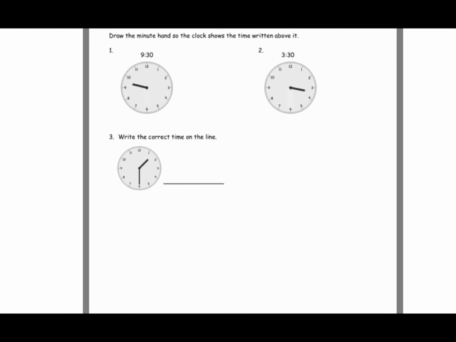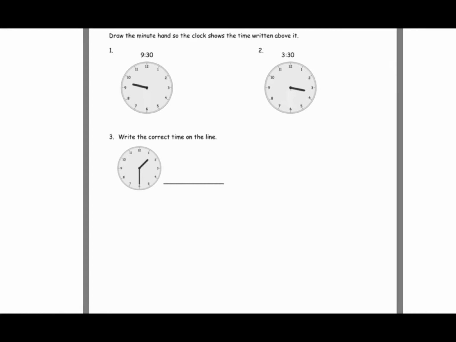Number 1, draw the minute hand so that the clock shows the time written above it. I'll let you do number 1, number 2 by yourself. Pause the video. When you're ready, turn it back on.